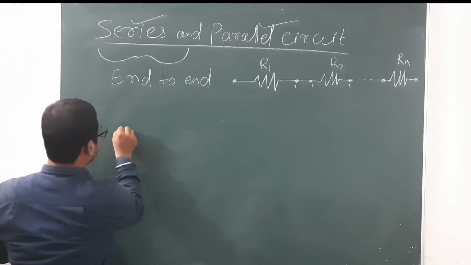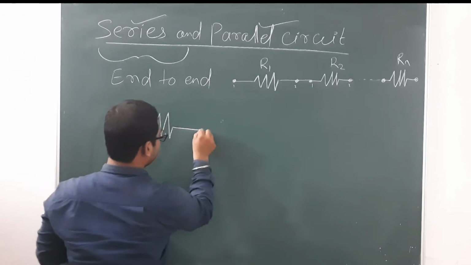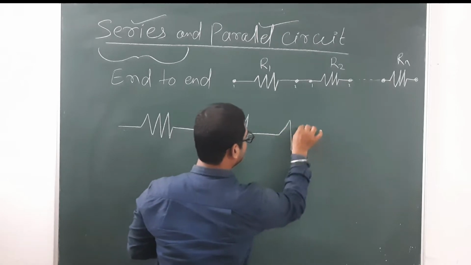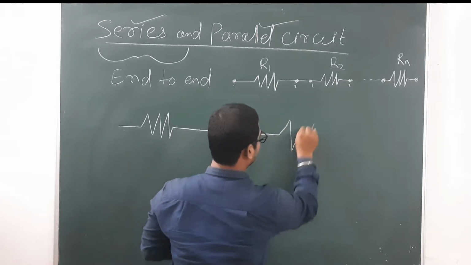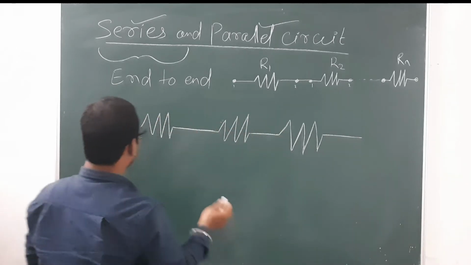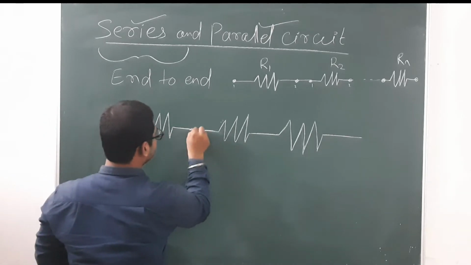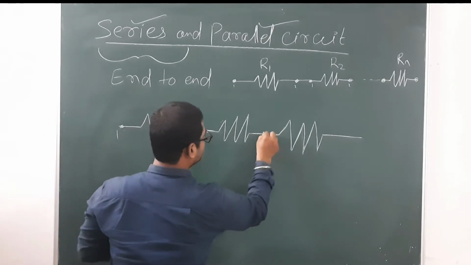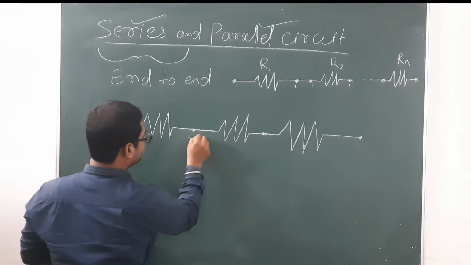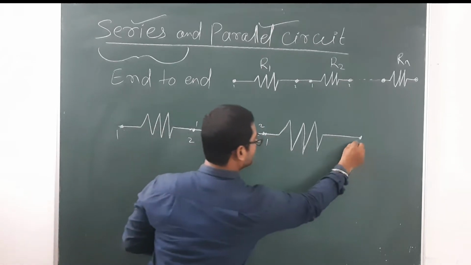Look at here. Take the case of three resistors. These are the terminals: terminal 1, terminal 2, terminal 1, terminal 2, terminal 1, terminal 2.